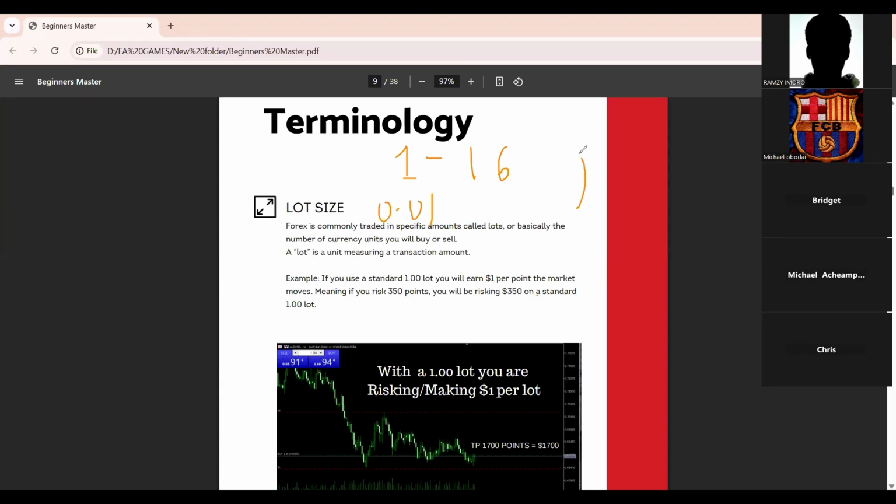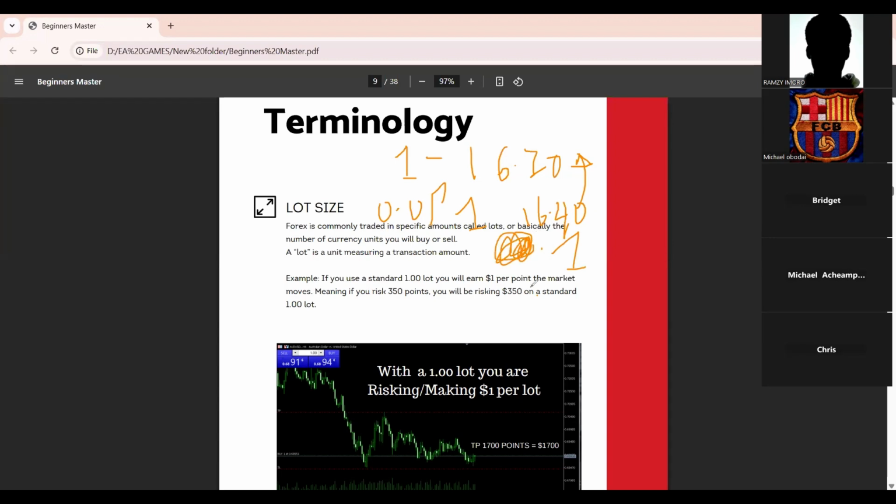And that means for every 10 pip move, let's say from 16.30 to 16.40, you are just making $0.1. So this is how pips work.